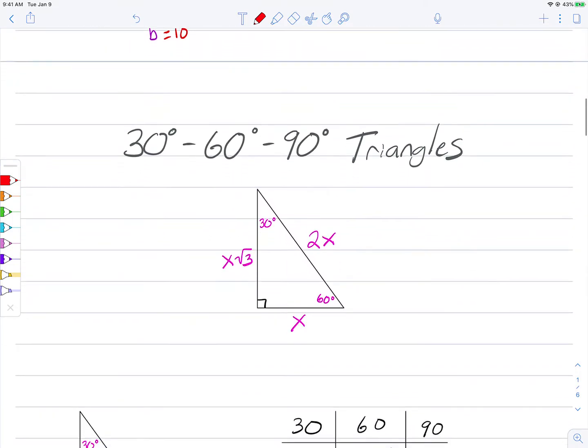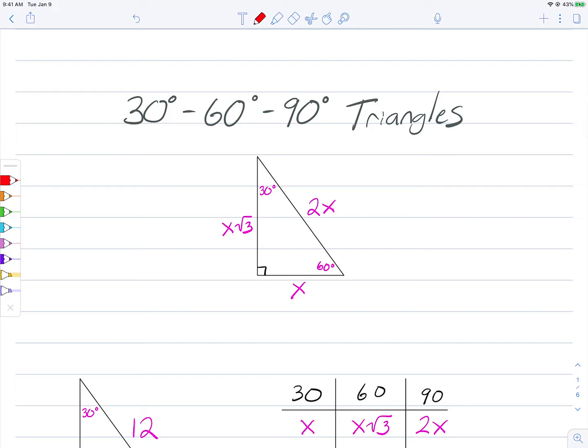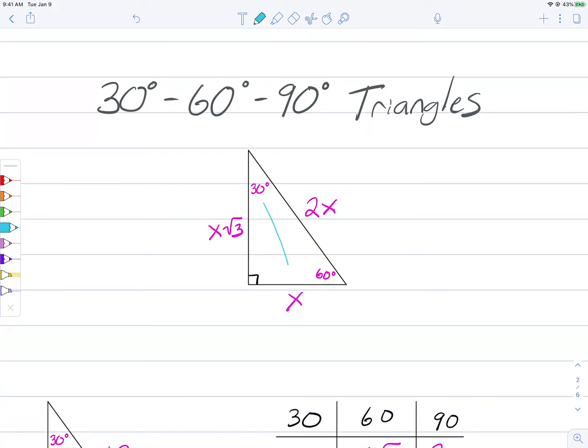Now let's say that we're looking for a 30, 60, 90 triangle. This one's a little bit different. Across from the 30 degrees, we consider it x. Across from the 60 degrees is x root 3. And across from the 90 is always 2x. So if you're given one of those sides, you can find all other sides of a 30, 60, 90 triangle.